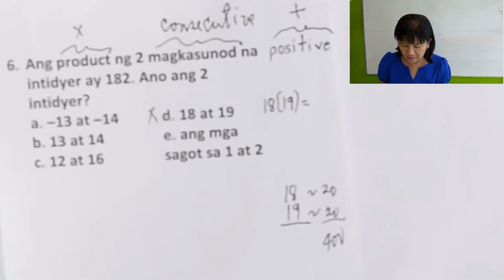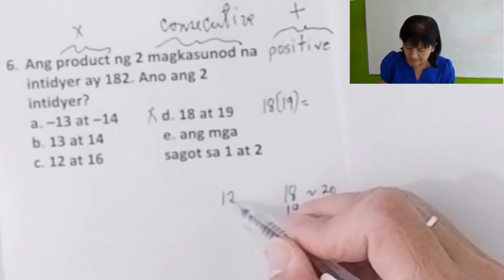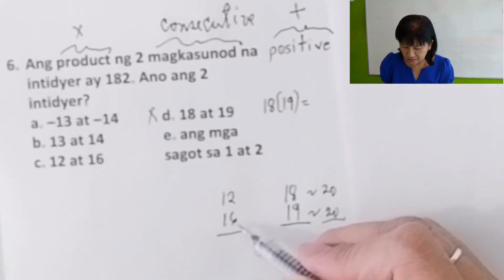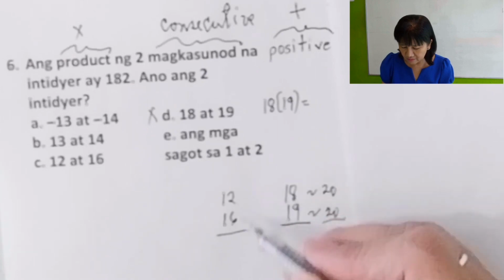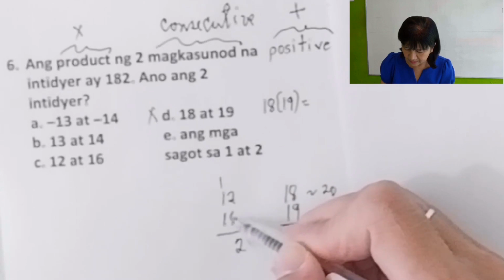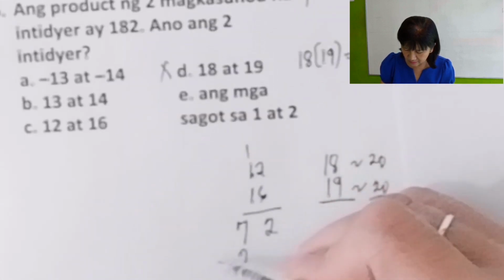Okay, let's take a look at 12 and 16. I don't think they will give us 182, because 16 is near 15. Okay, let me just multiply then. 6 times 2, 12, 2 carry 1. 6 times 1, 6 plus 1 is 7. 2 times 1 is 2. 1 times 1 is 1.